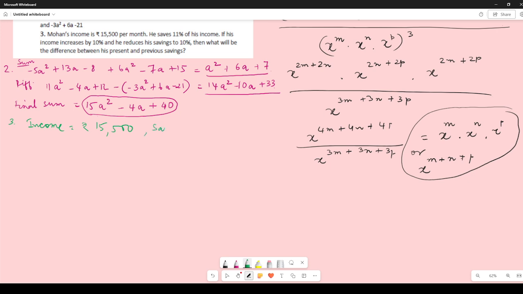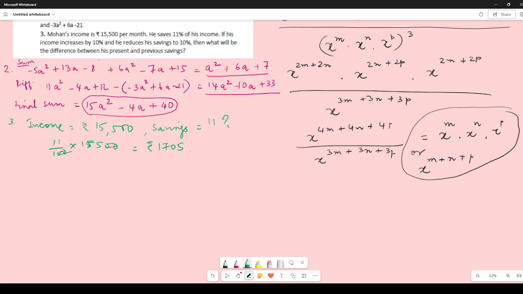Saving is equal to 11%. So let us find out 11% of 15500, it comes up to rupees 1705. So this is his savings.